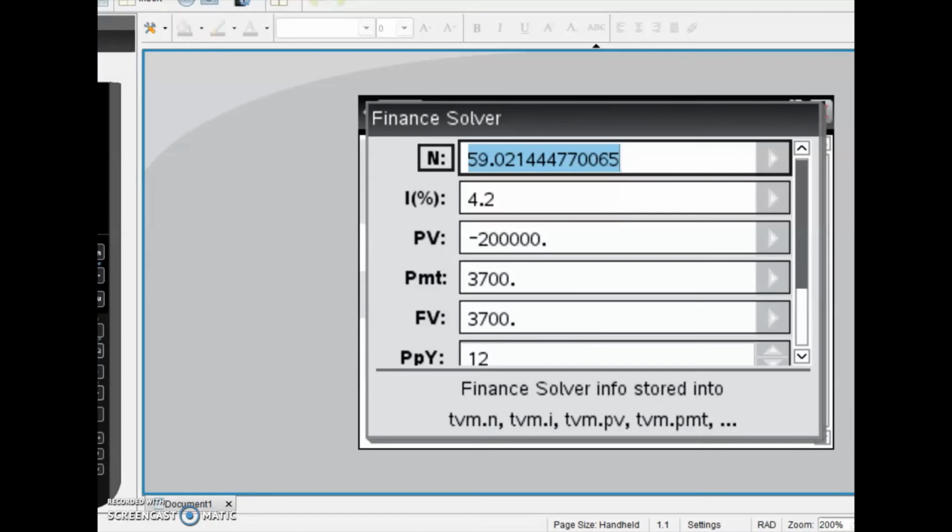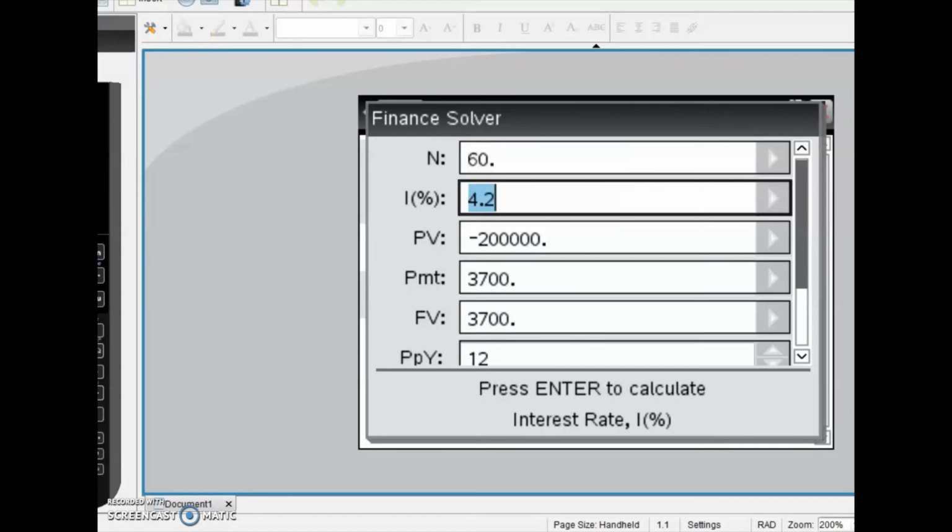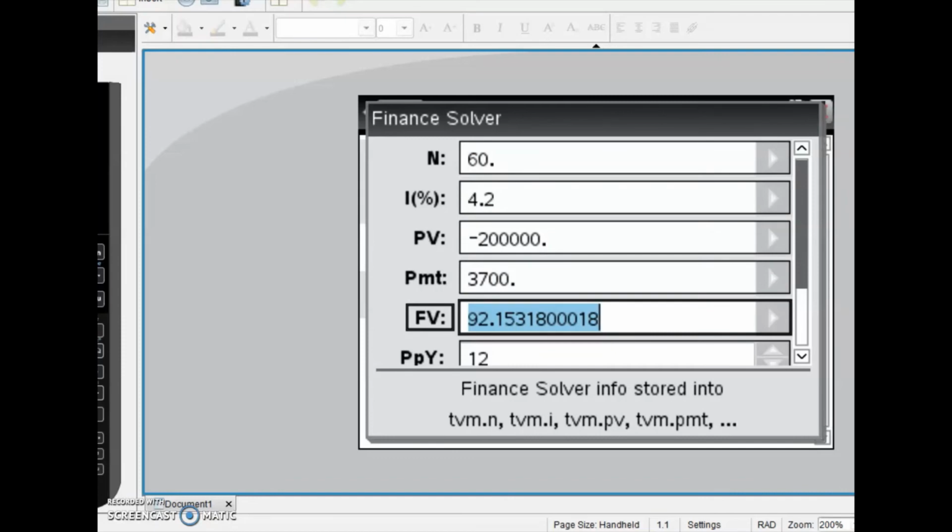So let's make N 60 and now find out what our future value is after 60 payments. Okay, so after 60 payments, we would have $92.15 left in the bank. And so that's what our question is asking us for. Be really careful with your rounding in any of these questions.